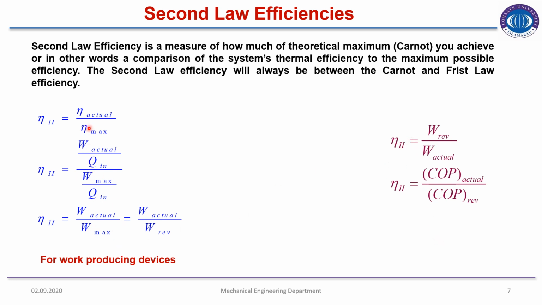So this relation is for work producing devices, and on the right hand side we have another second law efficiency relation for work consuming devices. If we are discussing a heat engine and have to find its second law efficiency, then we use the relation on the left hand side, in blue color.